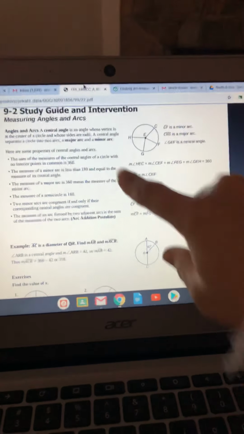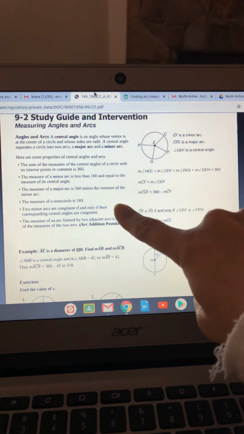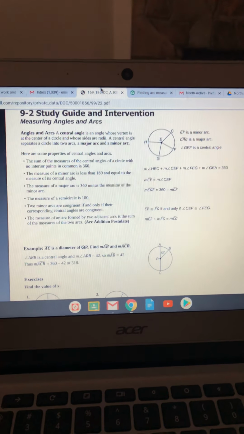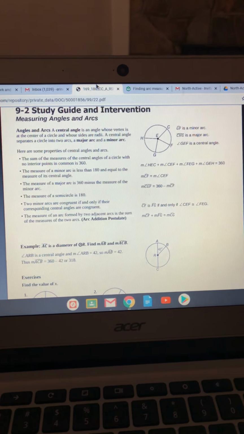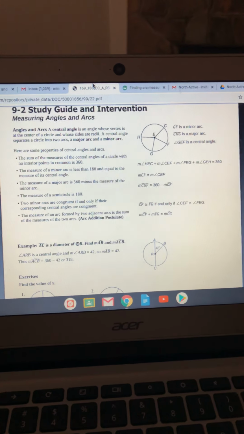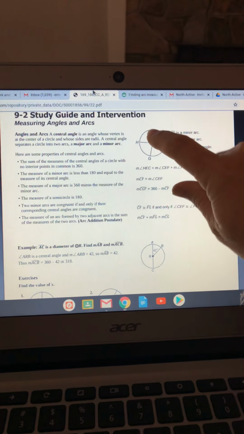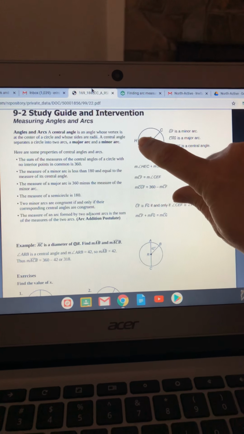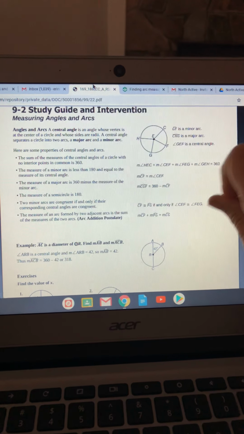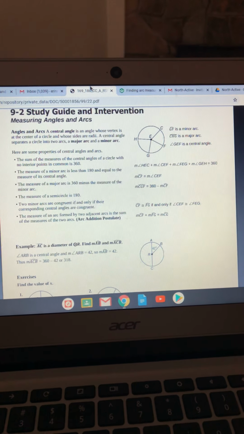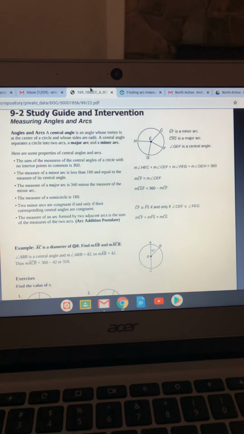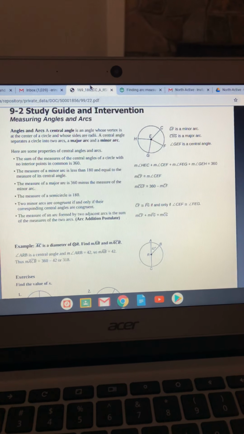Anywho, so there's an explanation of all of the different properties of central angles and arcs. But really, if you know anything about an arc, it's just a portion of a circle. A minor arc would be anything less than 180 degrees, and the measure of the minor arc is always going to be equal to the measure of its central angle.